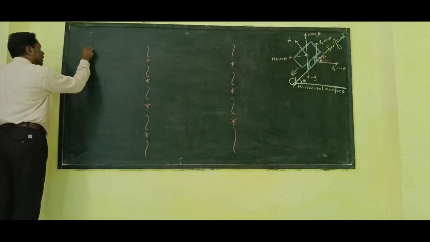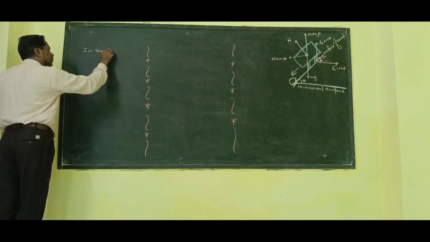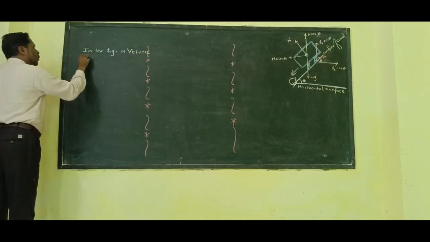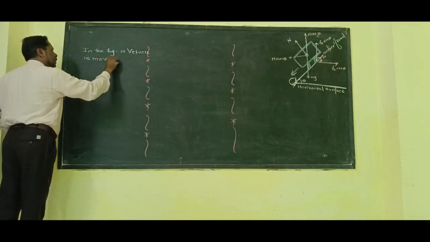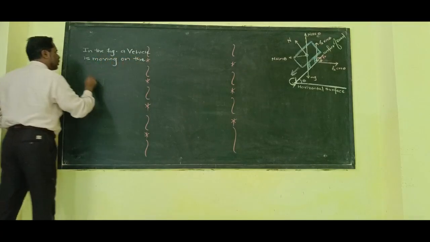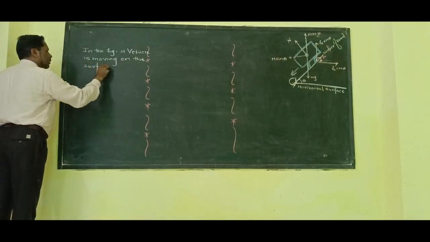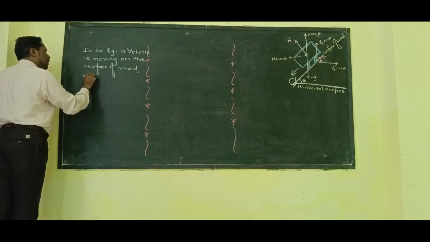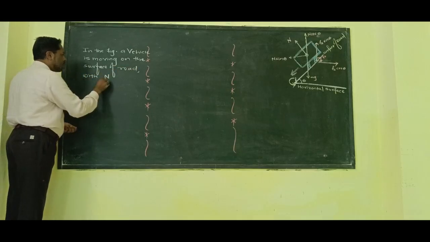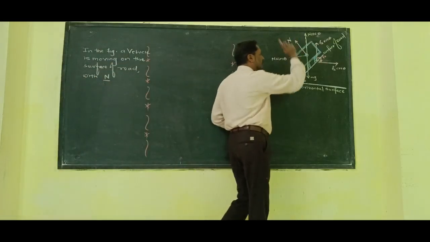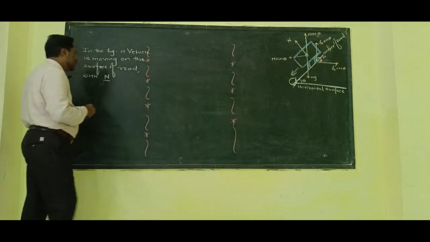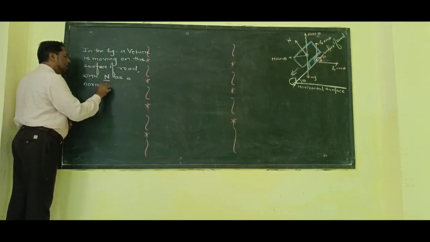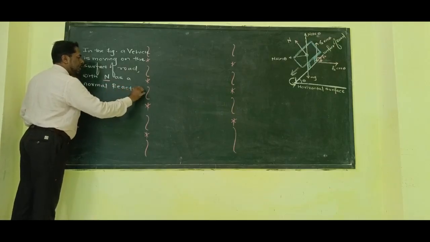In the figure, a vehicle is moving on the surface of the road with the N. In the figure we have the factor N here. This N acts like the normal reaction.